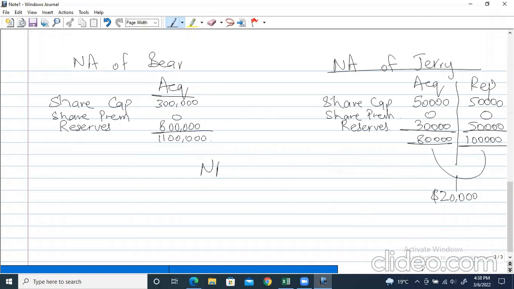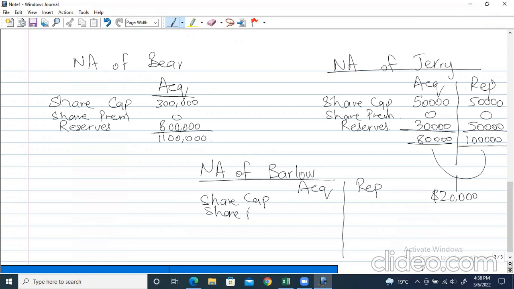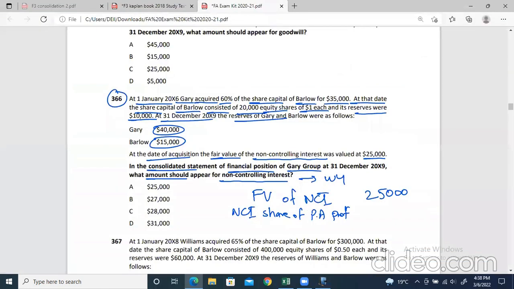So this is net assets of Barlow. This is the subsidiary, right? Now let's see. So acquisition and reporting. So over here, share capital, then share premium, which I don't think is any, and then reserves. Okay. Now share capital is over here, 20,000 equity shares of $1 each, right?